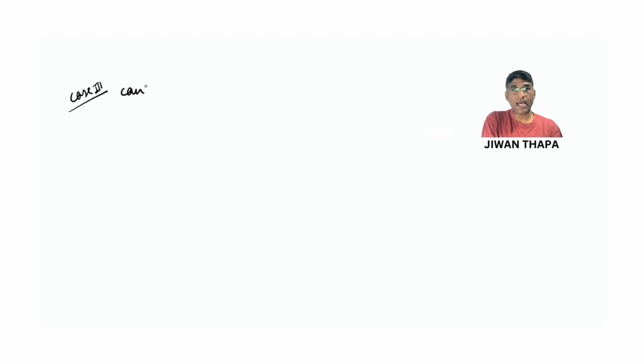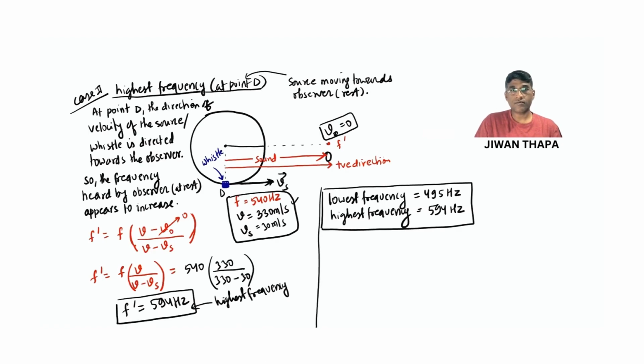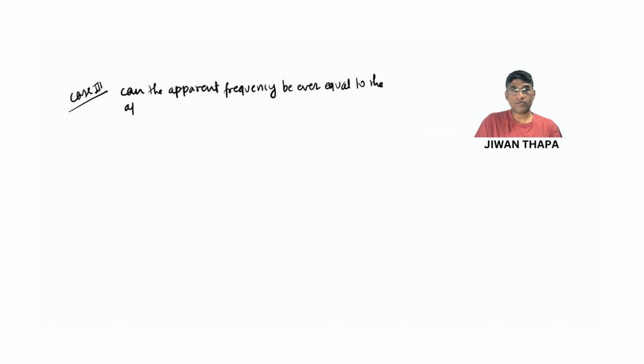Can the apparent frequency be ever equal to the real frequency or actual frequency?